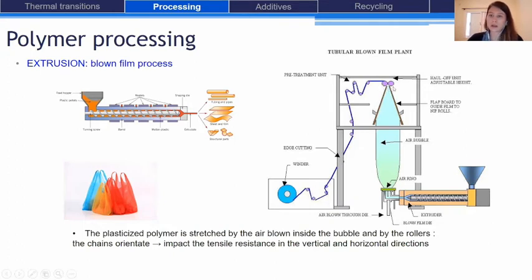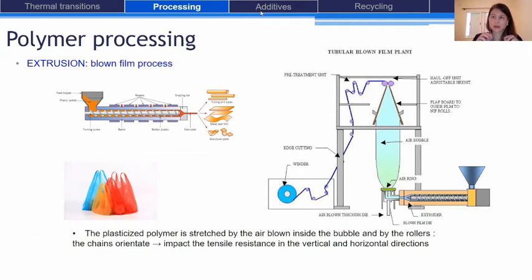and while pushing these films, it creates a tension of the bubble vertically, and this enables polymeric chains to align in the vertical direction. So this process enables a biaxial orientation of the chains.